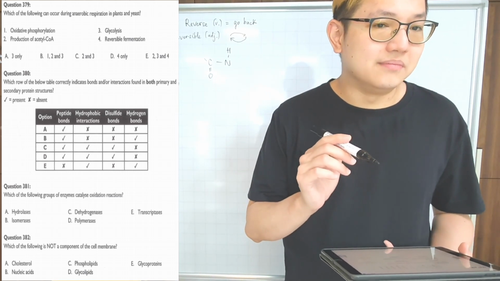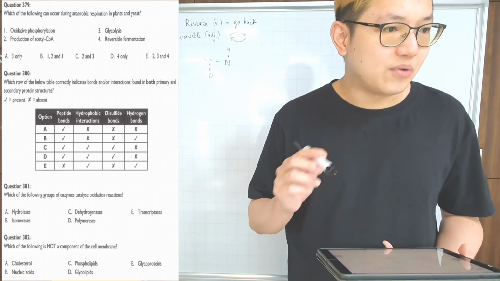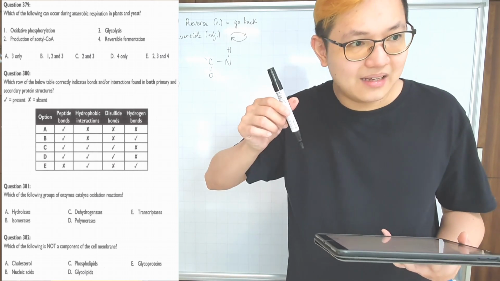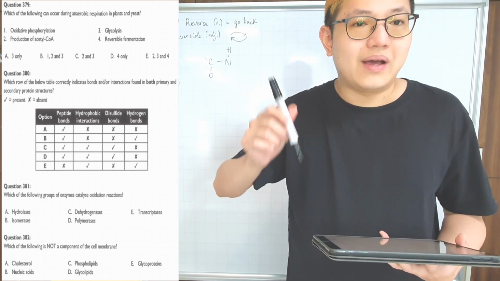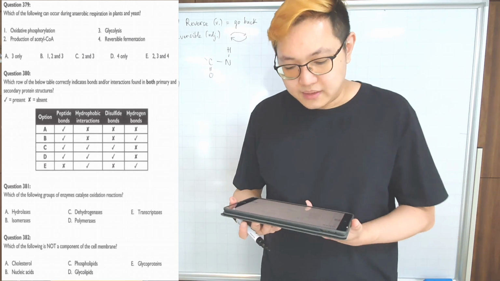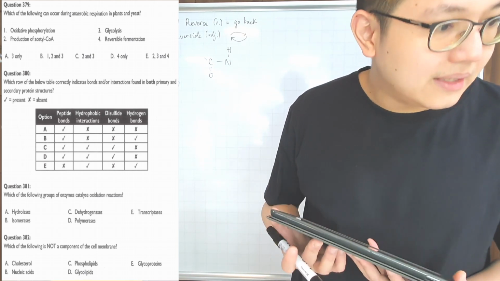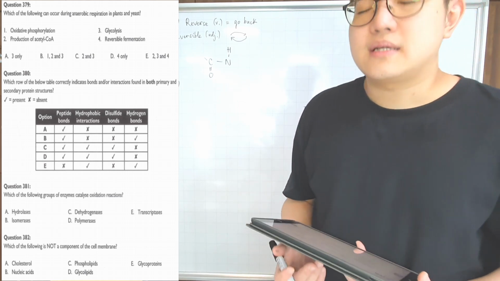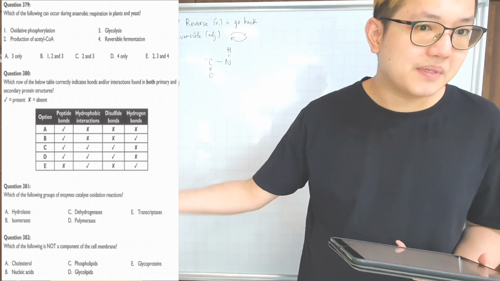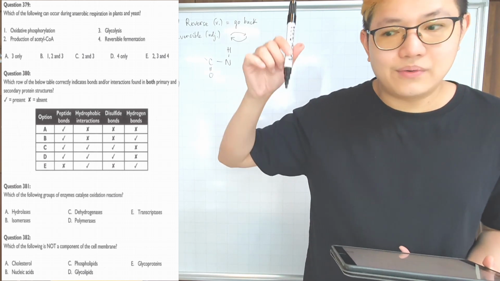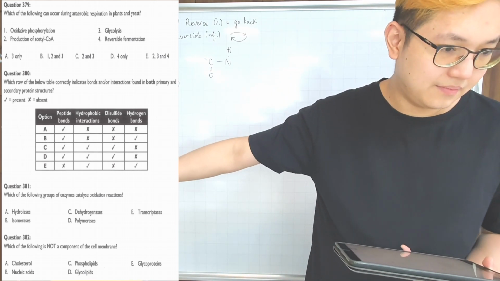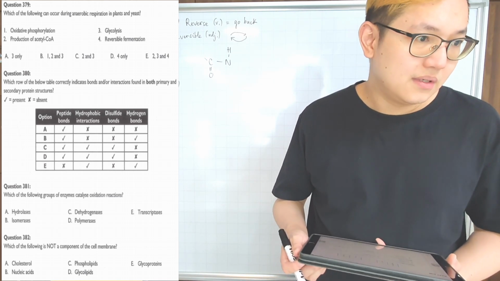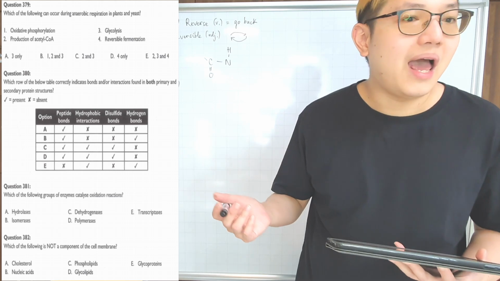Oxidation is accepting oxygen or removing hydrogen. Accepting oxygen means you accept something negative, so it also means accepting electrons. Okay, oxidation, what is it? An increase in oxidation number. The second thing is oxidation means accept oxygen or remove hydrogen.